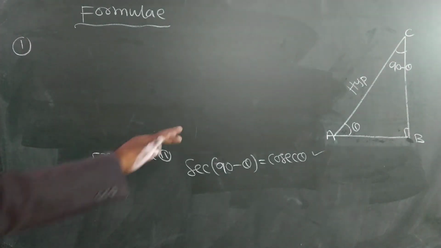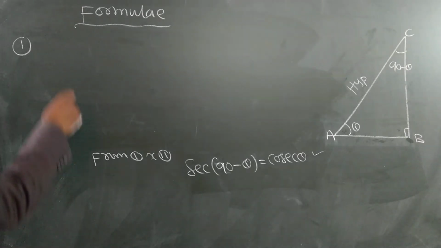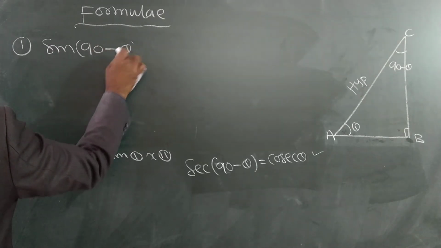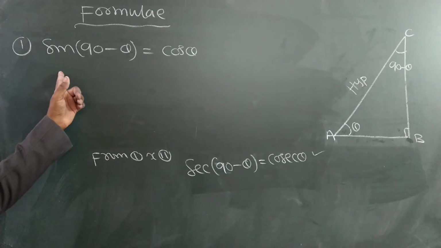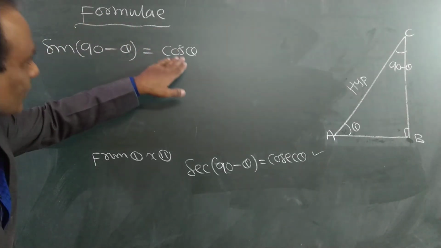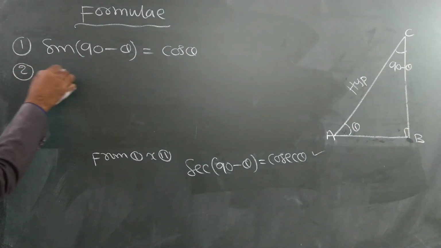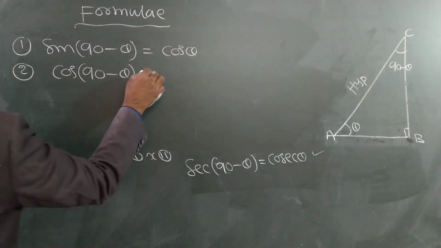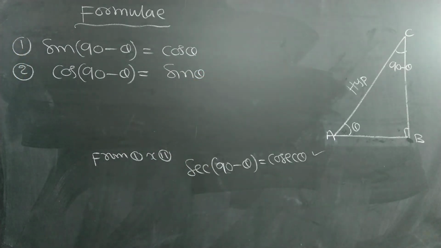I will write in the systematic order. First formula: sine 90 minus theta is equal to cos theta. Easy to remember. Sine changes to cosine, cosine short form is cos. Cosine changes to sine. Easy to remember. Cos 90 minus theta is, cosine changes to sine. This is the formula.